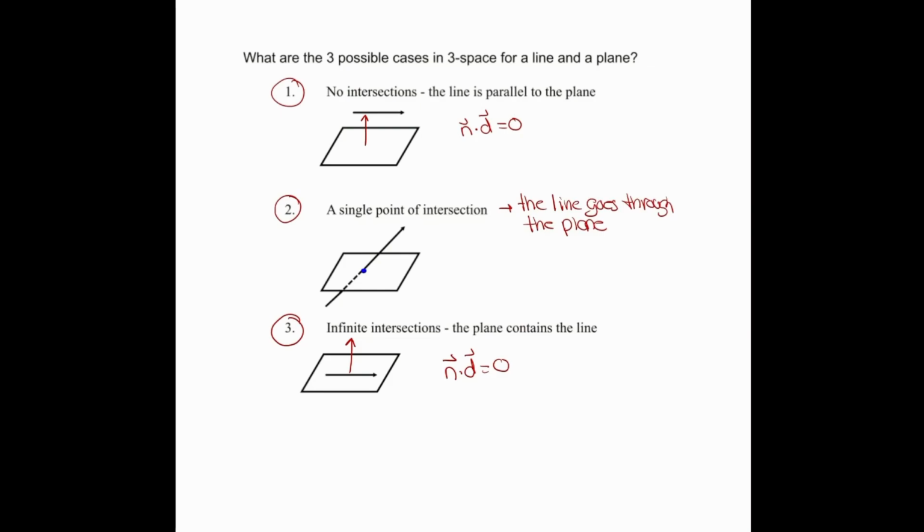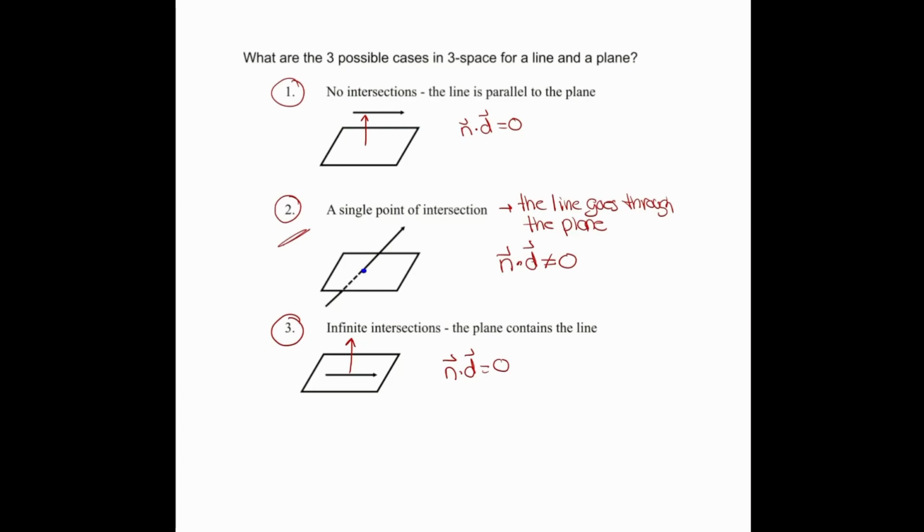But if we go back and take a look at a single point of intersection, in this case, since they are not perpendicular, we aren't going to have that normal perpendicular to both the line and the plane. Then we could say that our normal vector dotted with our direction vector will not equal 0. And this is our clue to what might be happening.